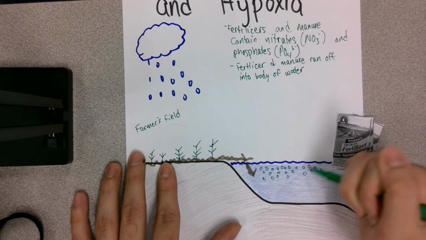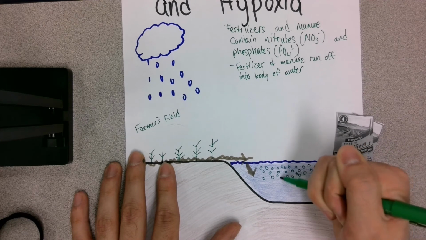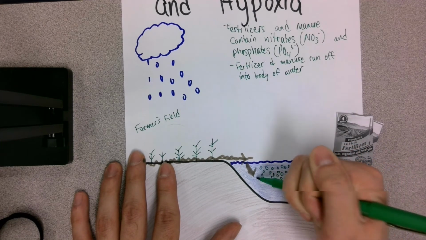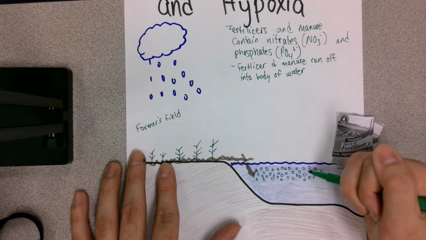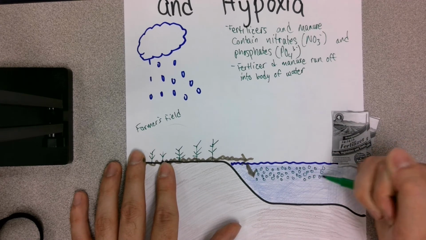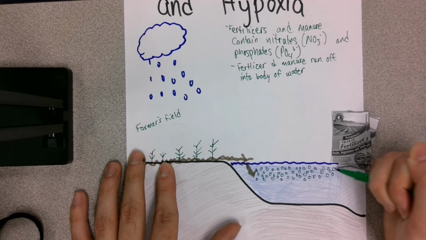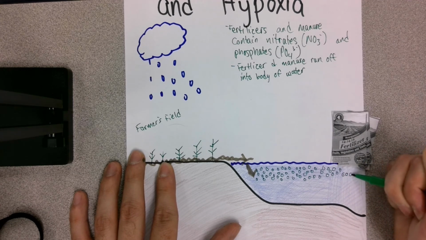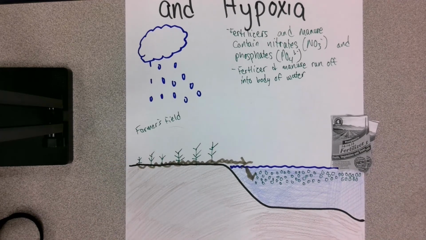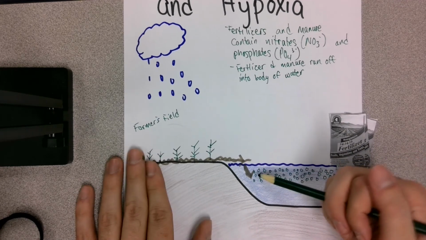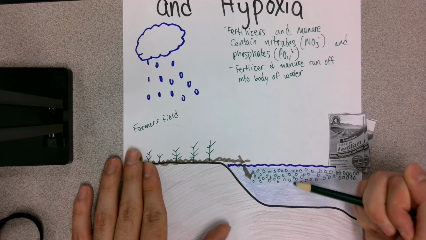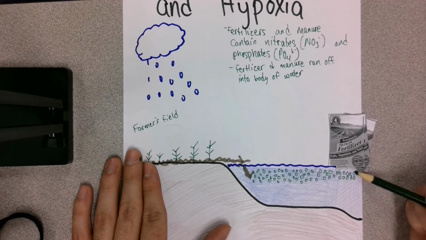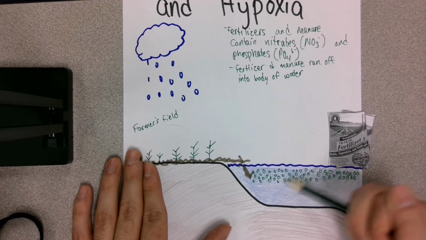They were once limited by all of the nitrates and phosphates that were in their water, but since we added tons of them, now they have tons of algae bloom. All right, and these algae, they're so excited. And eventually what's going to happen is the water will start to turn this green color because they are producing so much algae.